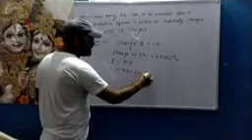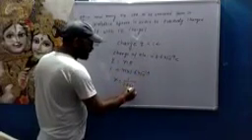Charge of electron is 1.6 10 to the power minus 19 Coulomb. Using the quantization equation, Q is equal to NE, place the value of charge 1 Coulomb and E 1.6 10 to the power minus 19.